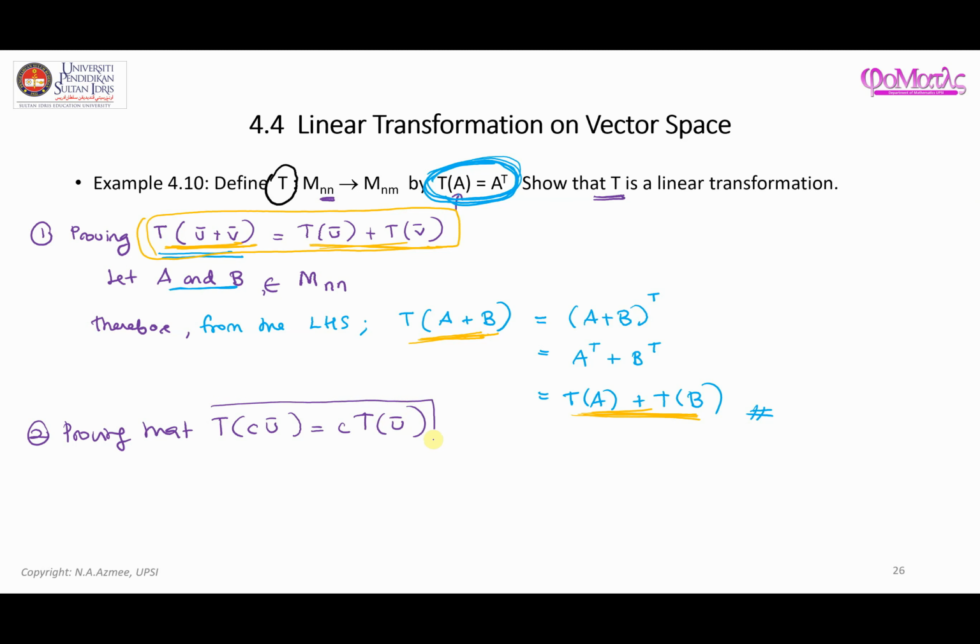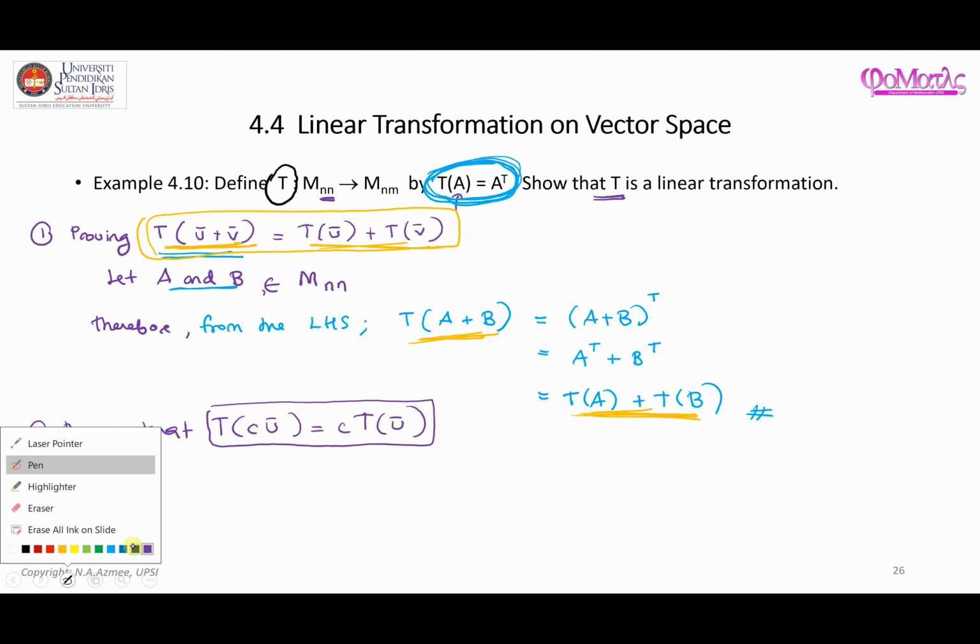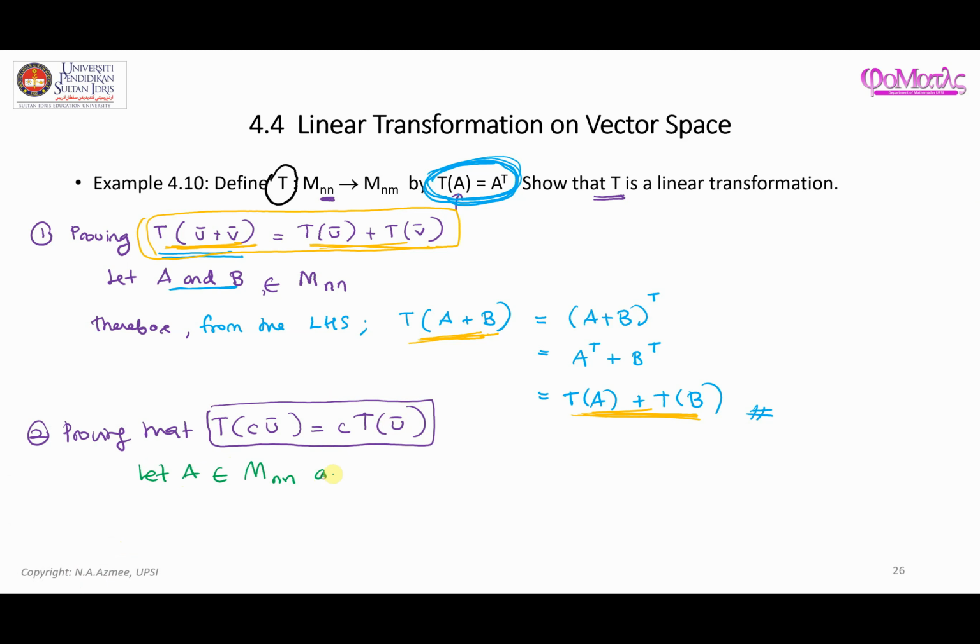So this is the next part that we are trying to prove, and therefore we are again going to do some definitions here. So we're going to let A be in this vector space and c be a scalar. This is just a definition in order to get us started with the proof.